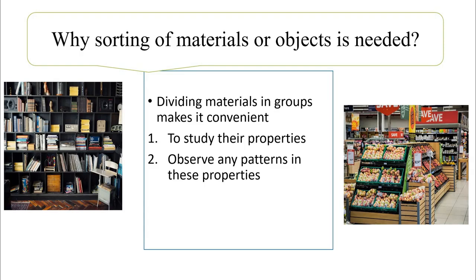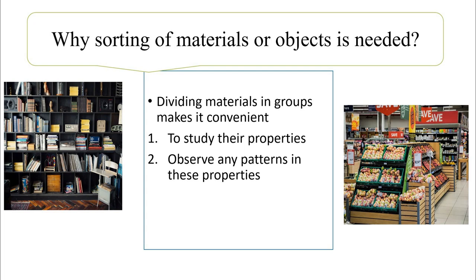So before wrapping up this chapter, it is important to understand why sorting of materials or objects is needed. You must have seen that in a library, the books are always arranged in different sections according to subjects and classes, so that it becomes very easy to locate a particular book.